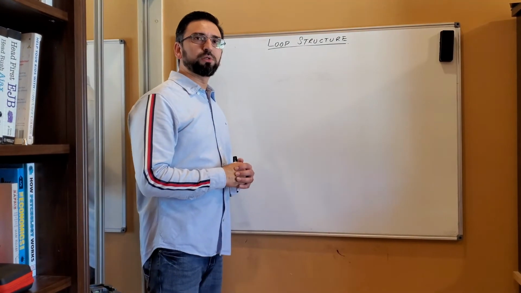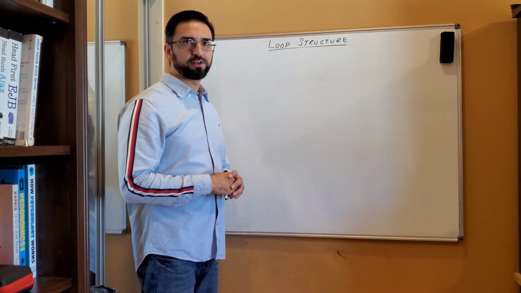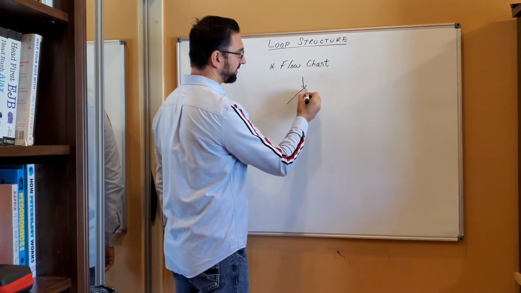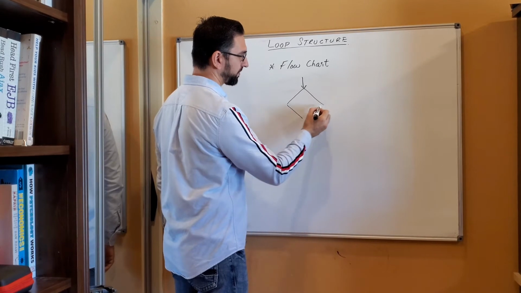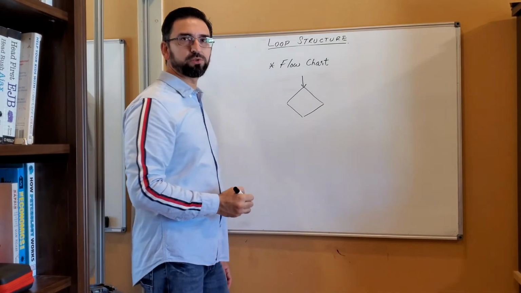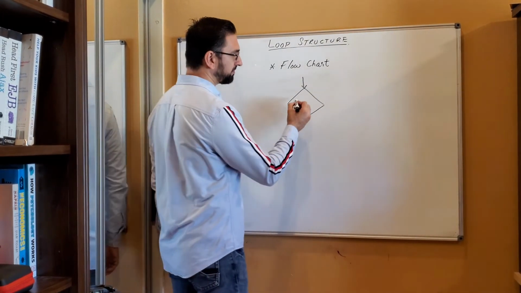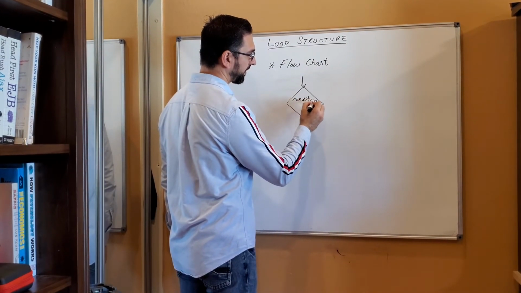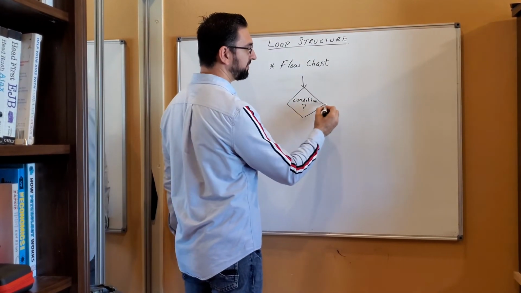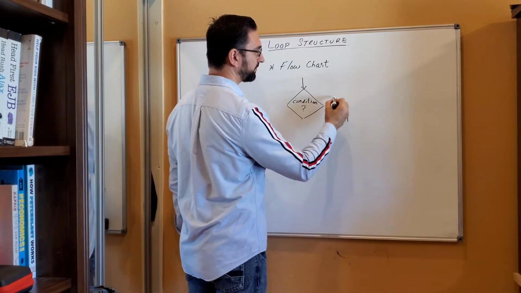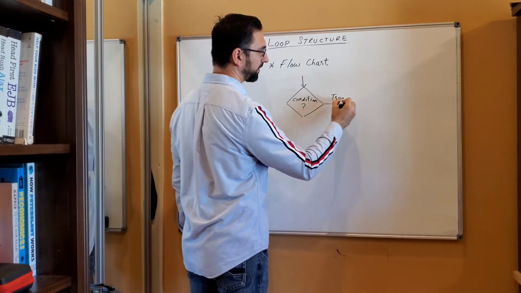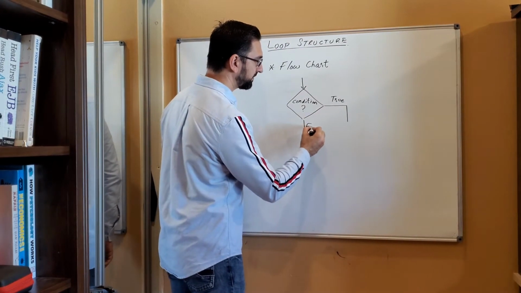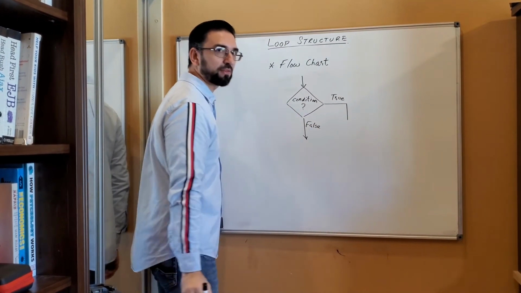Now, representing loops in a flowchart is something like this. The first thing is you have to make a decision, whether you want to execute that loop or not. So there's some kind of condition that you need to check. If the condition is true, you take one path, and if the condition is false, you take a different path.